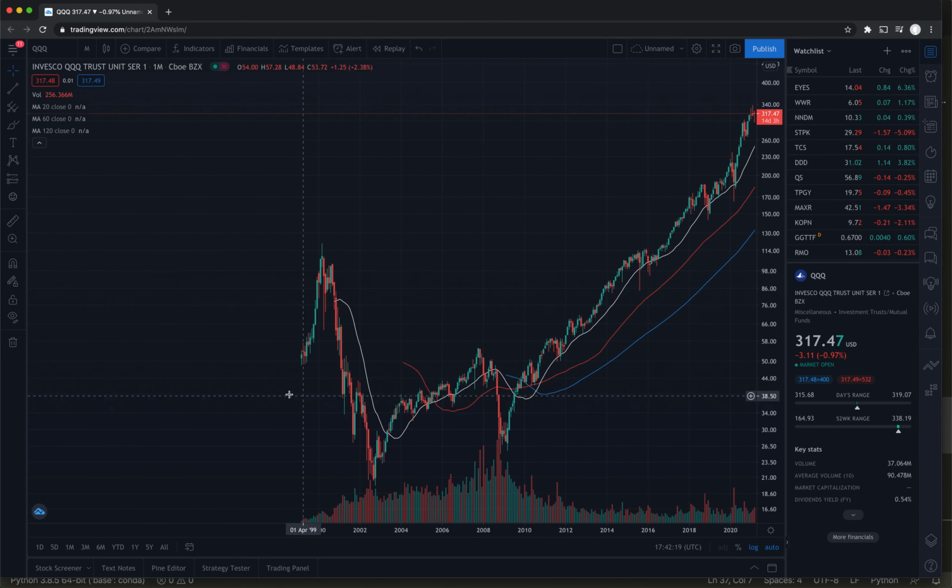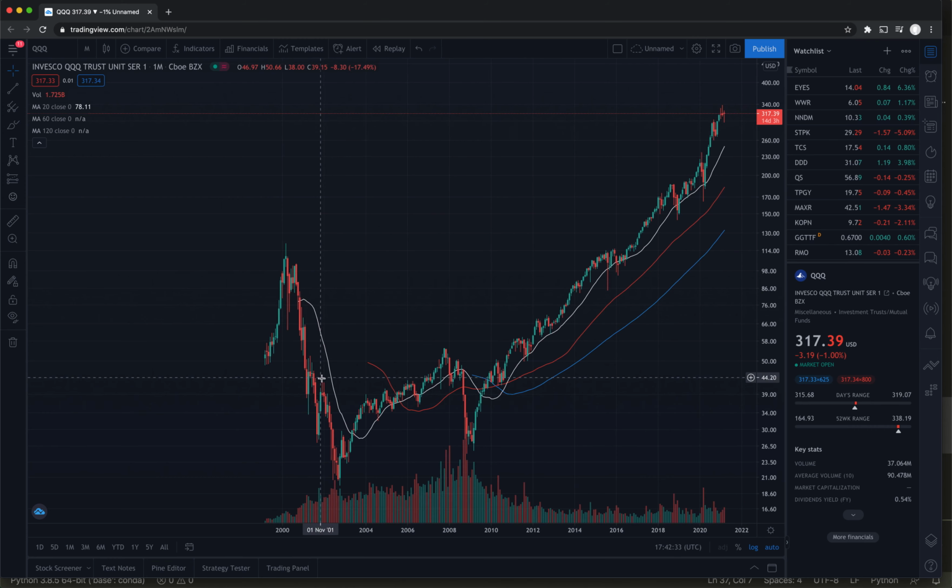You can see these big fluctuations. This is the 2000 tech bubble. In the year 2000, there was a tech bubble that eventually burst.